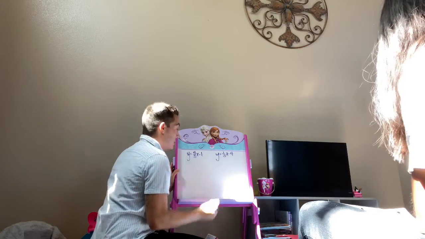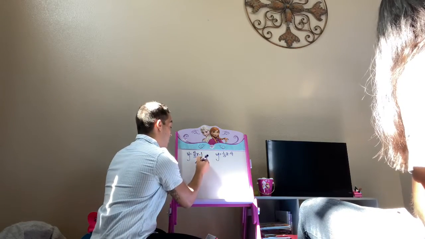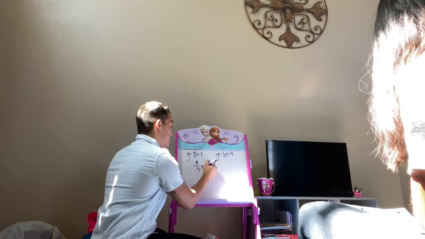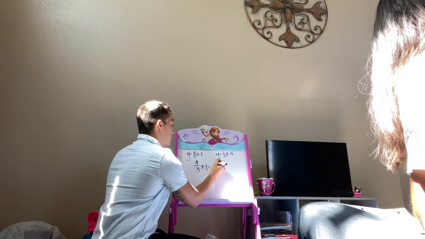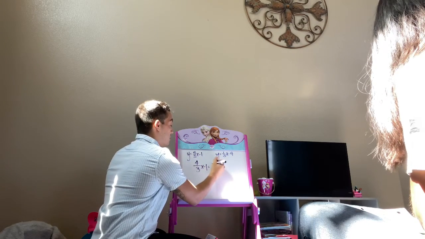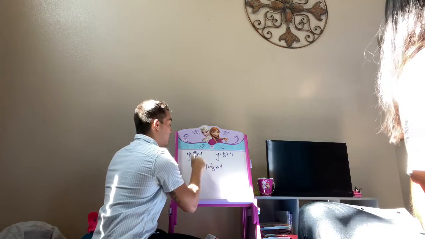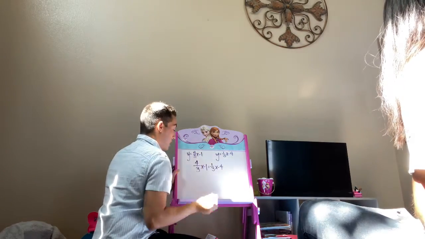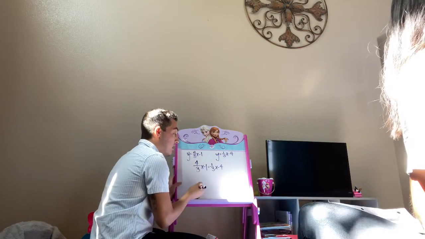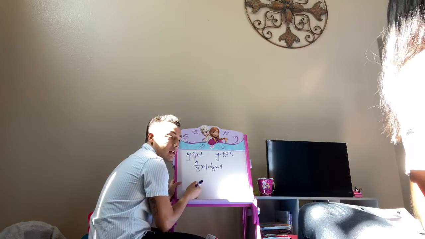Put them equal to each other. Equal to each other. And how do we know that they're equal to each other? What are they both equal? Y. And so since they both equal y, what can we say about them? They're equal to each other. Good job.